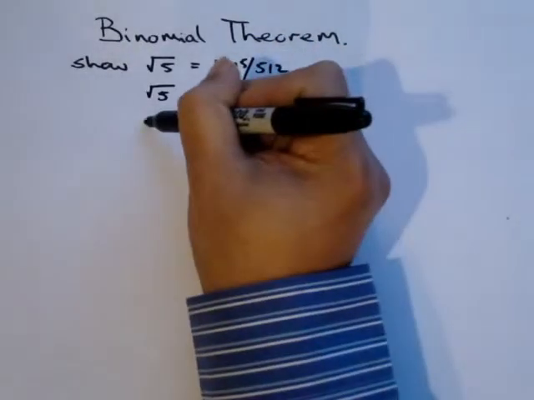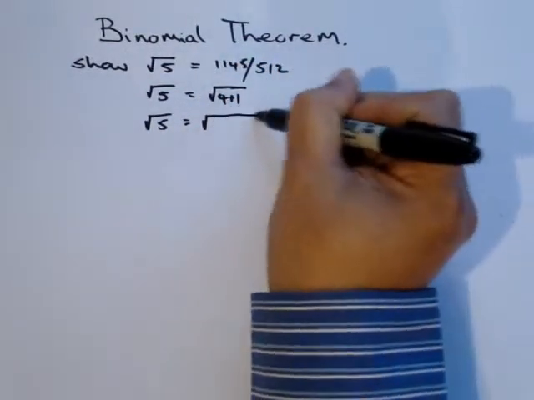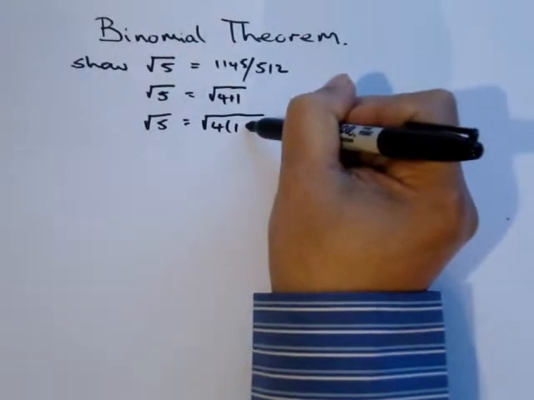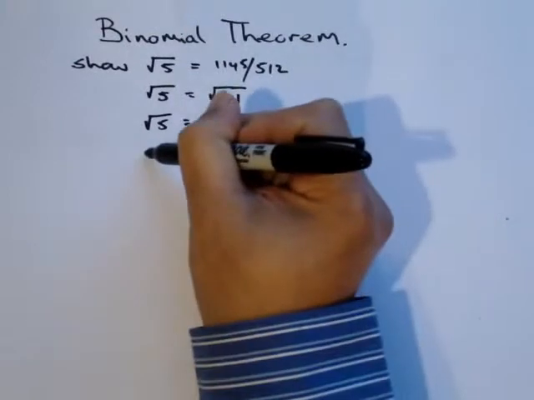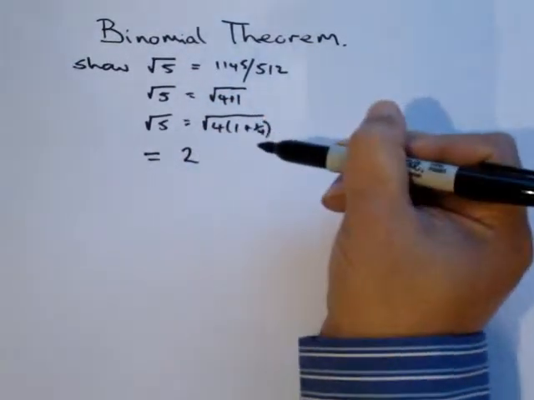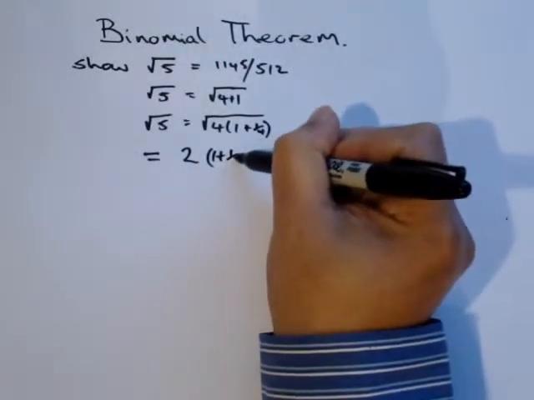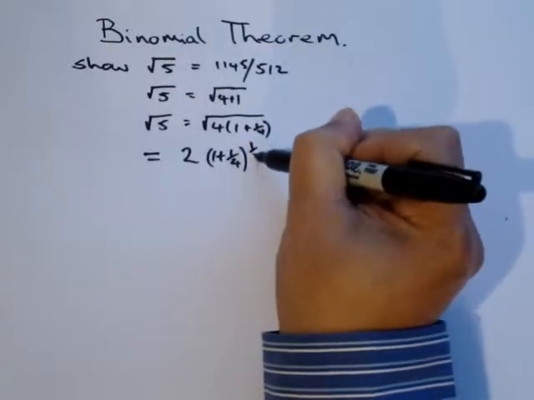The square root of 5 equals the square root of 4 times (1 plus a quarter), and the square root of 4 is 2, and for 1 plus a quarter, the square root of that we write as the power of a half.